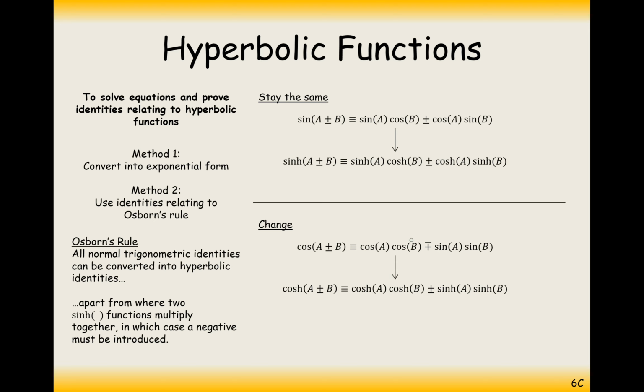You just put h's at the end of every trig expression, but because you have two sines that are multiplying together here, the coefficients must be multiplied by a -1, so therefore the signs flip over, and the negative and positive are now upside down. So cosh A plus B will refer to cosh A cosh B plus sinh A sinh B. So it changes where you have two sines multiplying together.